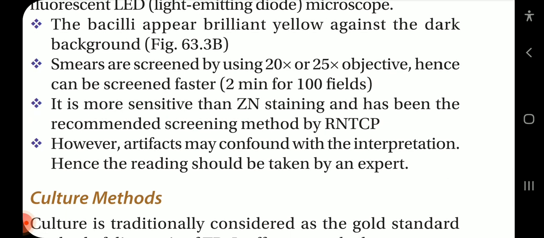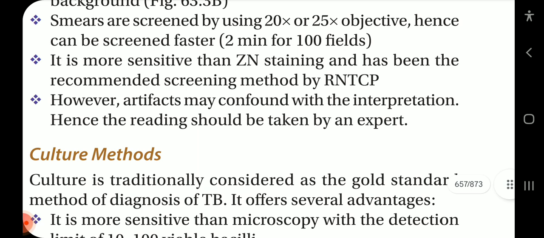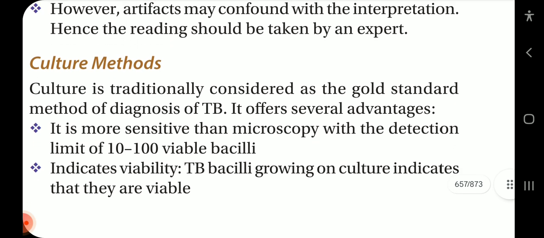Smears are screened using a 20x or 25x objective, hence can be screened faster for 100 fields. It is more sensitive than Zn staining and is the screening method recommended by RNTCP. However, artifacts may confound the interpretation, hence the reading should be taken by an expert.